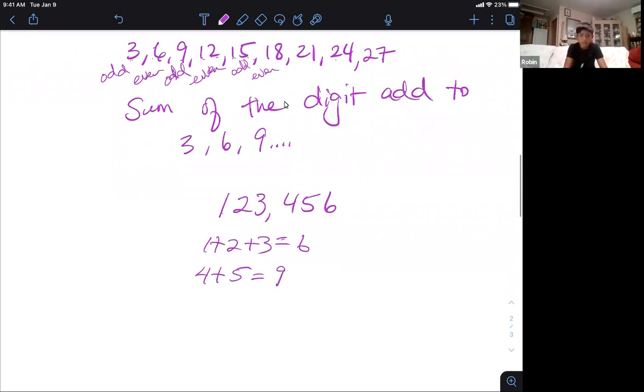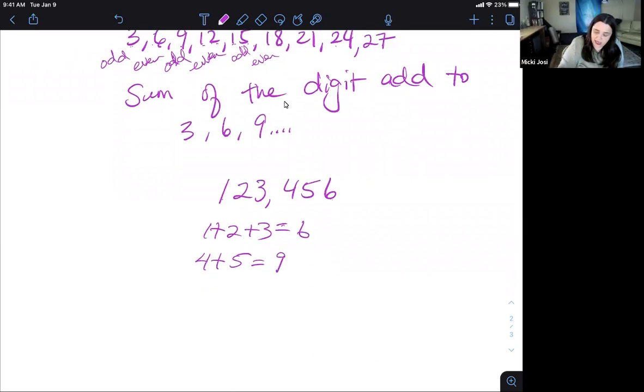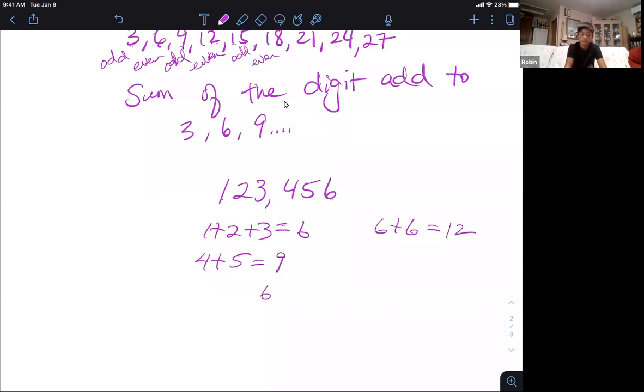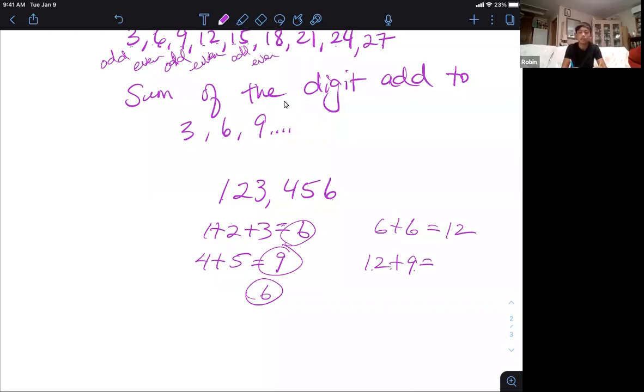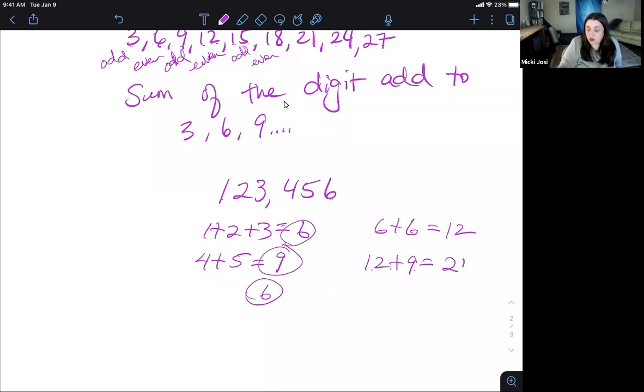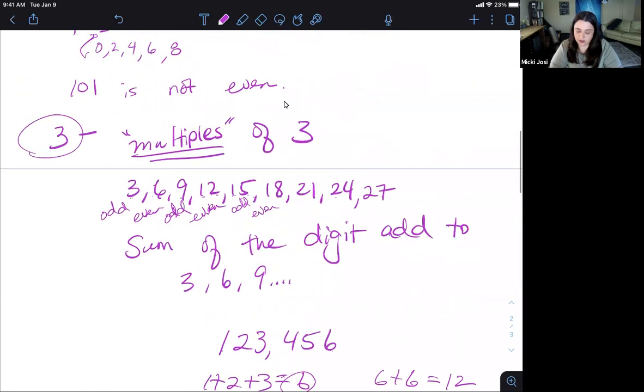And then if we add the 6, 6 plus 6 is 12. And 12 plus 9 gives us 21. 21 is a multiple of 3. Okay, so I only did a little bit of the divisibility rules.